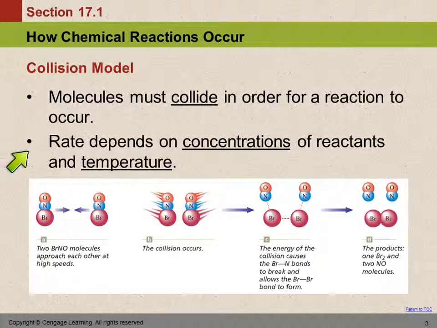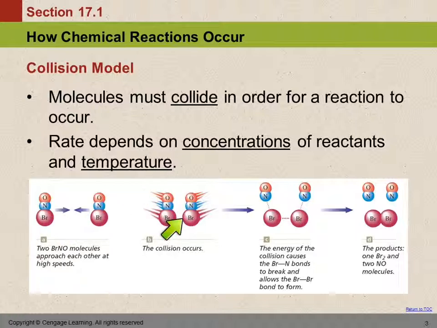And how fast they collide is going to depend on the concentrations of the reactants and on the temperature of the substance. So here we have an illustration of two bromine, let's see, I don't know if that'd be hyponitrite. We'll just call it BrNO. BrNO molecules colliding. They're going to approach each other at high speeds.